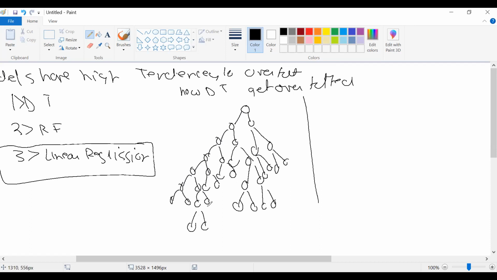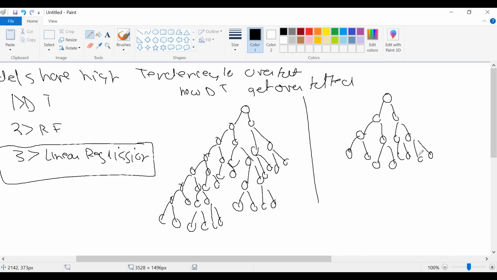And then let me say it just grows on and on and on. Compare tree A with tree B. Which tree do you think has tendency to overfit?